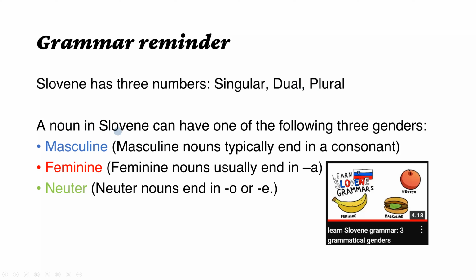And a noun in Slovene can have one of the following 3 genders: masculine, feminine, and neuter. In another video I explain how you know, but basically, I will tell you again. Masculine nouns typically end in a consonant. Feminine nouns usually end in a, but that's not always the case. And neuter nouns end in o or e. So that's how we know.